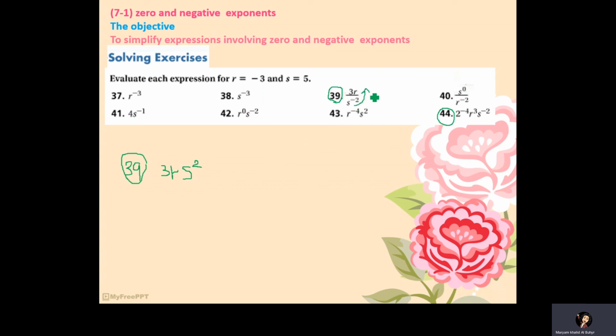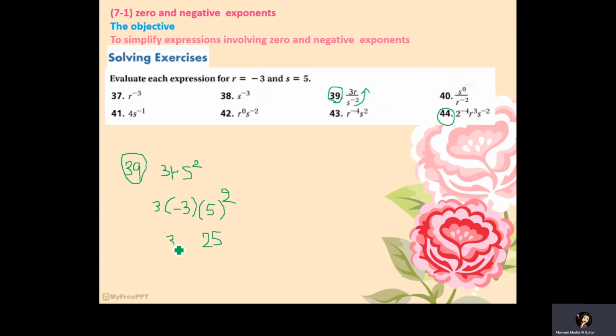Now I can substitute. 3 times, I will open parentheses, -3 times S to the power 5. S is 5. So 5 to the power 2. Again, order of operation. I will do this one first. So 25.